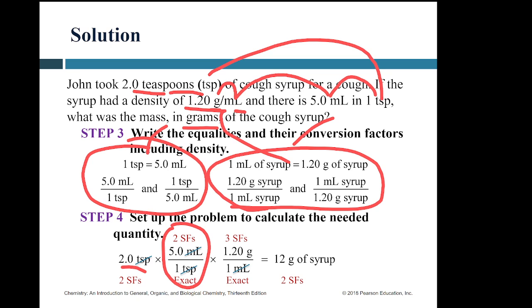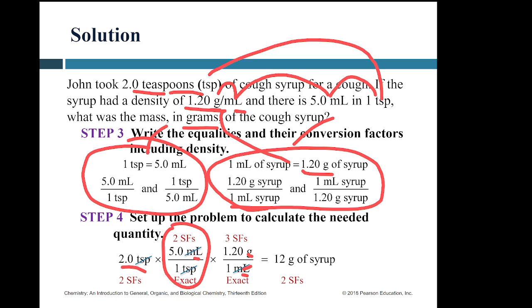The next one: I have milliliters right now, so I'm going to get rid of milliliters by putting milliliters on the bottom. Then I have something that relates that to grams, which is the density, right? So I put grams up here. I have to fill in those numbers. Don't forget this number of grams is connected to that grams. I have to move those together.